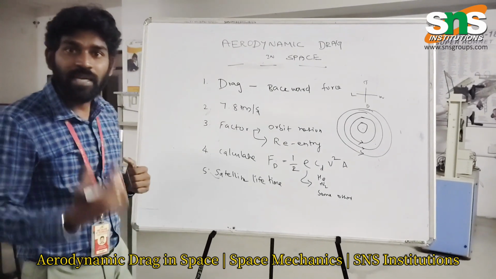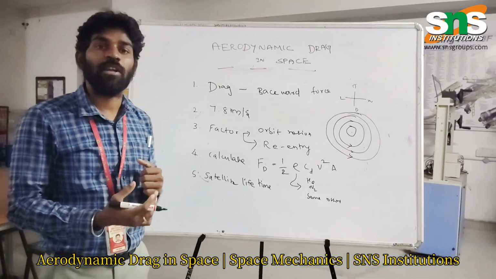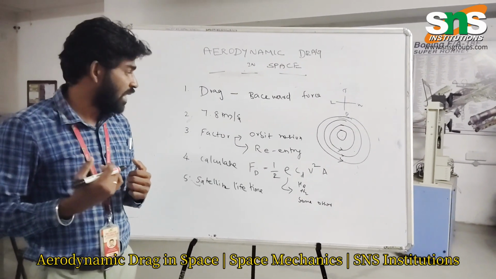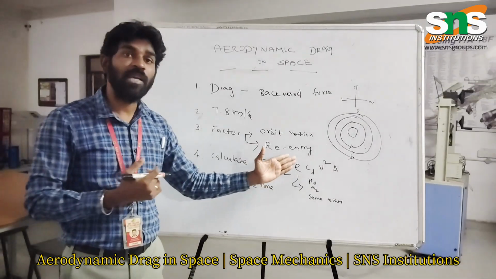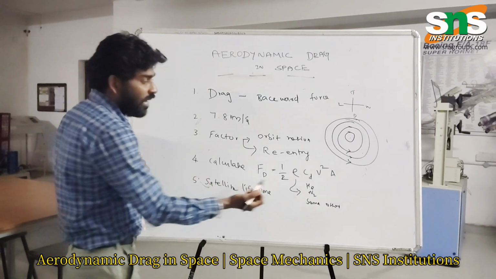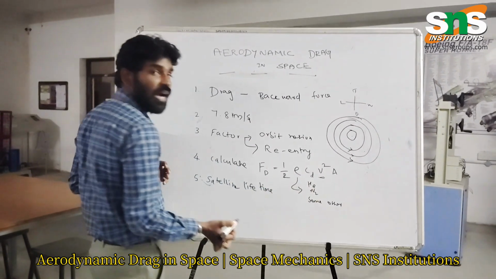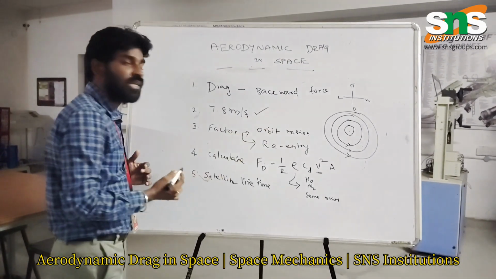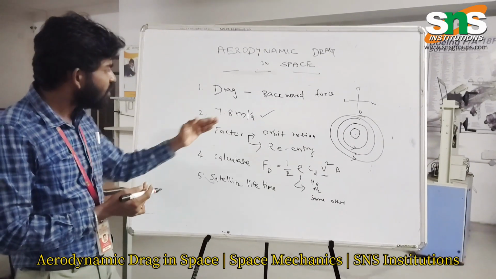Because on earth we calculate aerodynamic drag with air particles, the same is replicated in space conditions also. And for the velocity, as we already said, the minimum velocity is 7.8 kilometers per second.